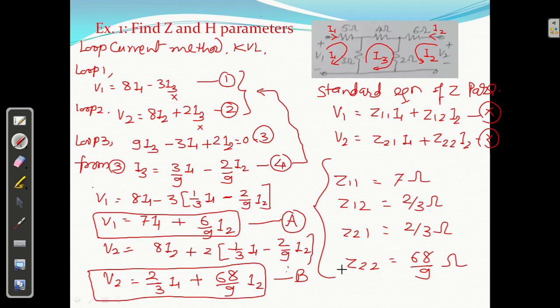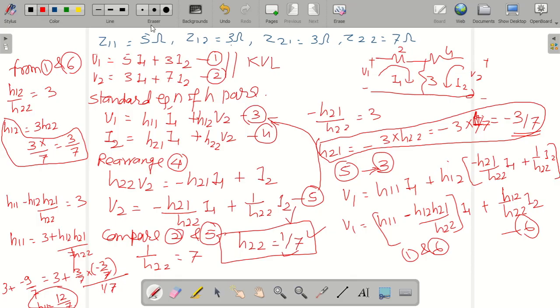Okay, now I have to find the H parameter also. Okay, so if you are interested in finding the H parameter, so how to do it, मैं एक काम करता हूँ, एक separate sheet open करता हूँ.